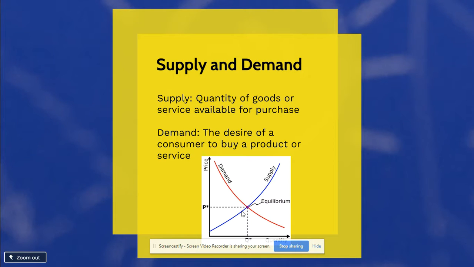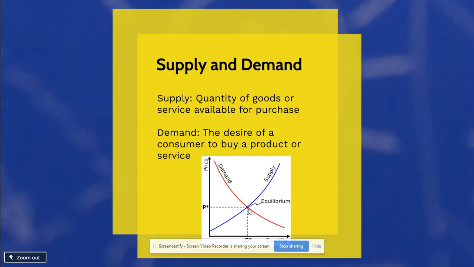Now, this point in the middle here, the equilibrium point, is the point at which the market is the most efficient or it's functioning at its best because the balance between supply and demand is equal there, and both parties are having the maximum amount of success without harming the other.